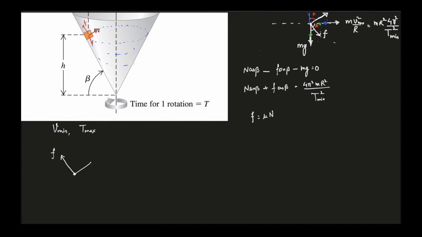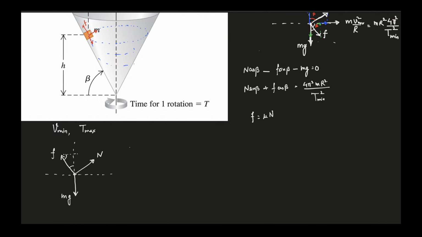I can split this into my components. What are the angles? You know that this is beta. So if this is beta, then this is going to be beta.